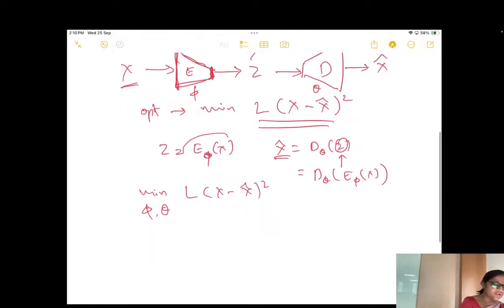What does this look like? What does E phi of x look like?